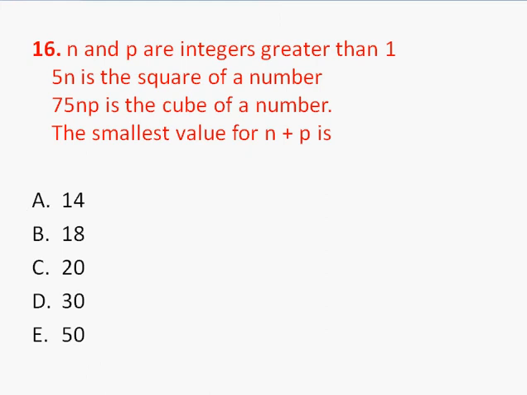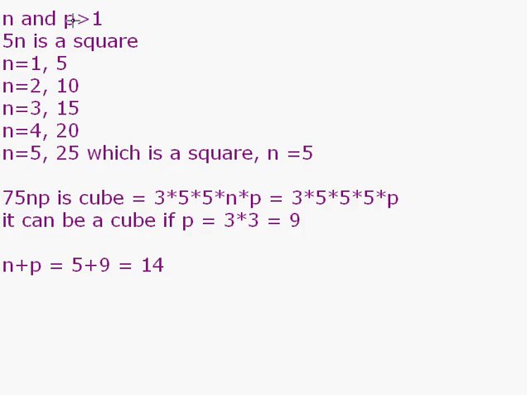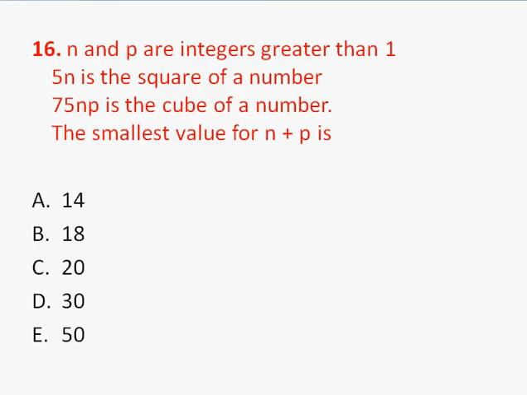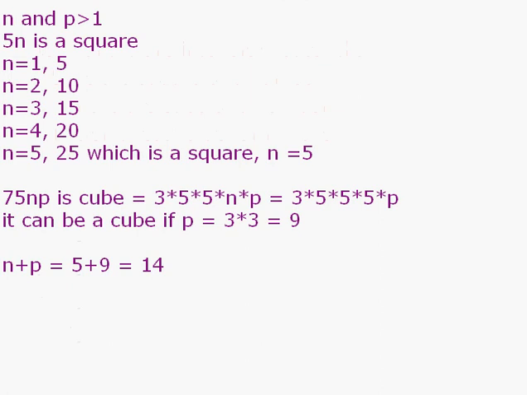Once again we'll look at this question. n and p are integers greater than 1. 5n is the square of a number, 75np is the cube of a number. We know 5n is the square of a number because it is given in the question, so we'll start putting n equal to 1, 2, 3, and so on.